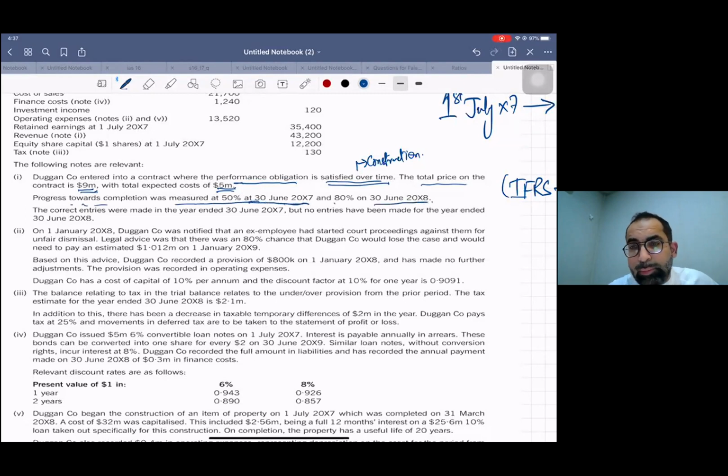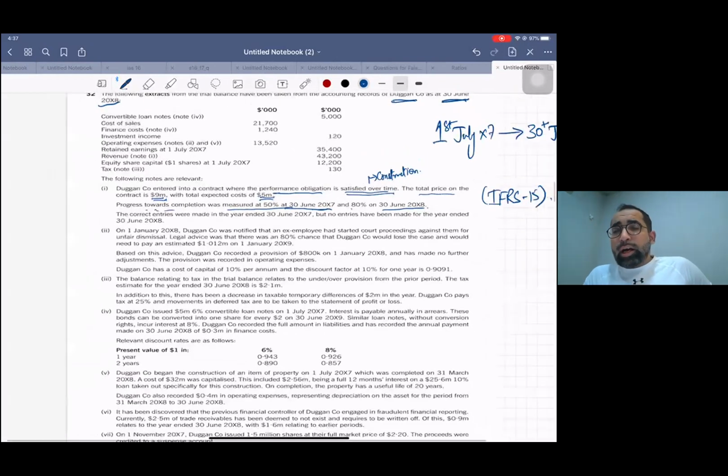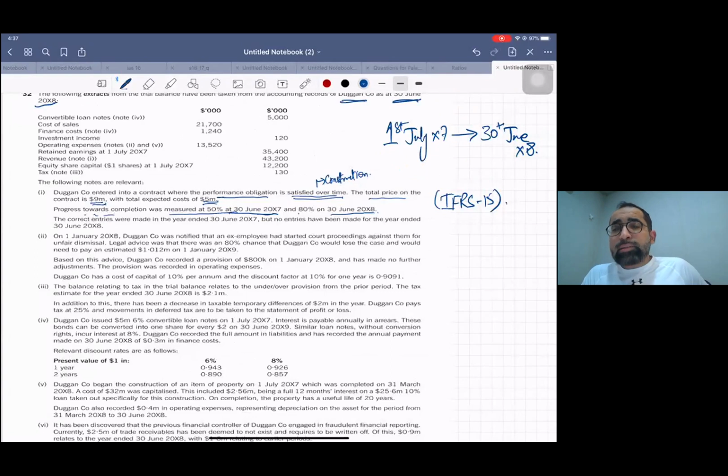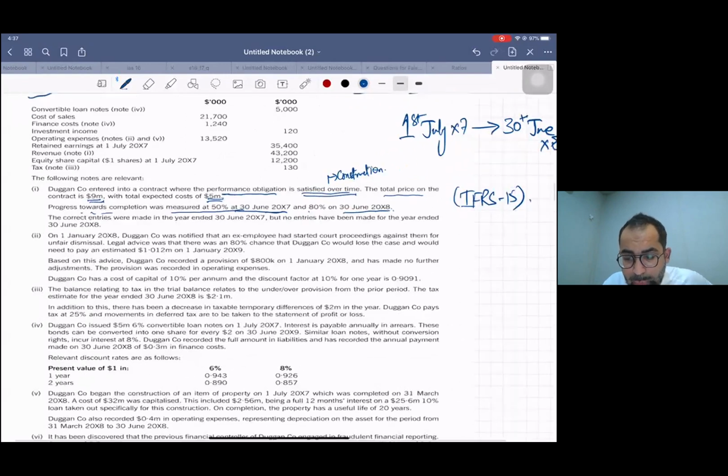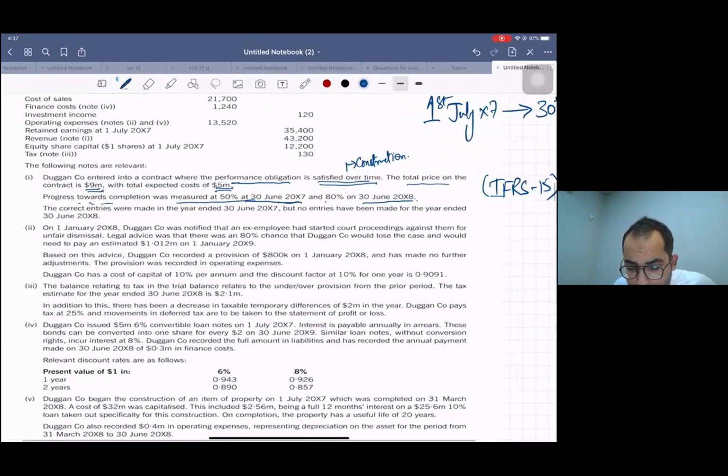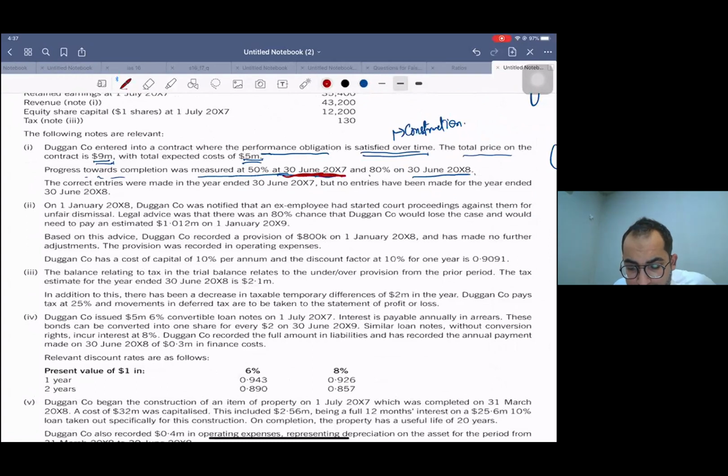Now this is a very interesting point, and this is one excellent learning for you. This project has not started in this current accounting period. This is an old project. Our accounting period is 1st July x7 to 30th June x8, and you can read that this project is already 50% complete as at 30th June x7.